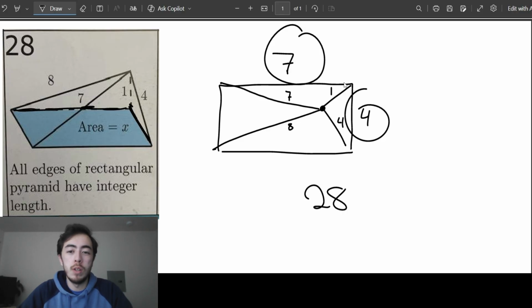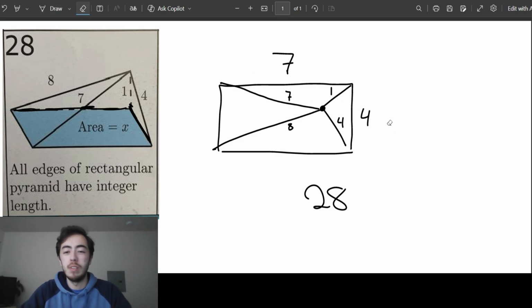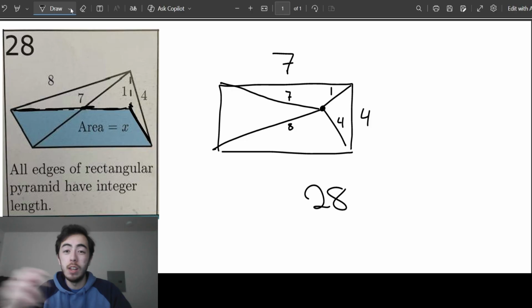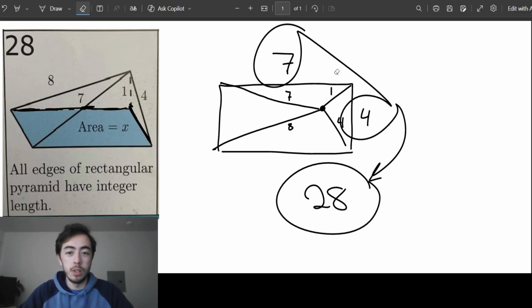Although I think what I mentioned earlier, how the sum of squares of these opposite sides is the same, I think that makes this a valid diagram. Again, I'm not quite sure about all that. If you have a proof that you'd like to share, please comment it below. But either way, just by using the triangle inequality theorem, we have shown that the only possible answer would be 7 and 4. So the only possible answer is 28.